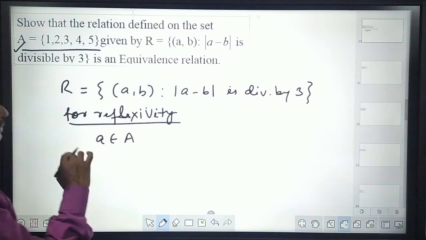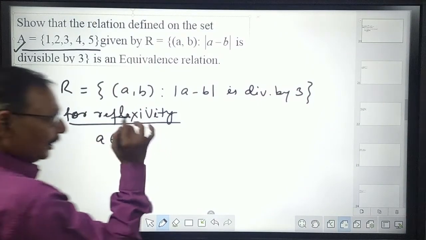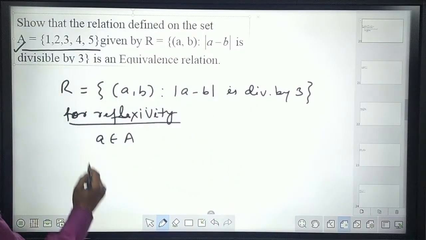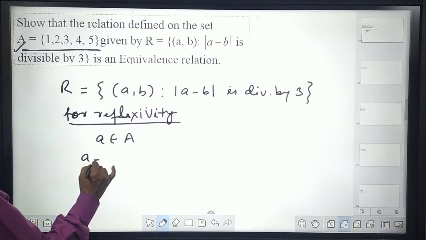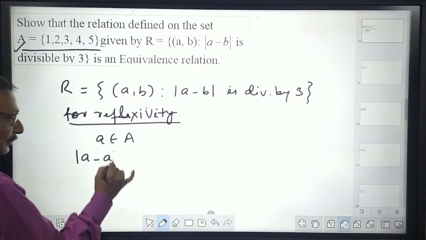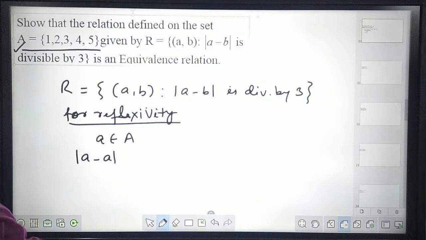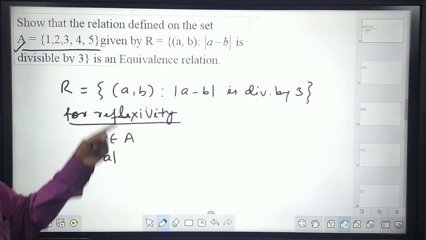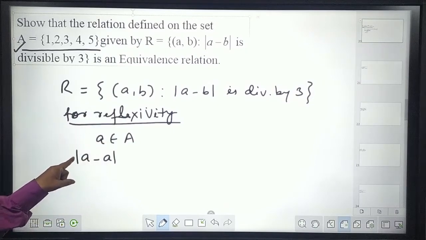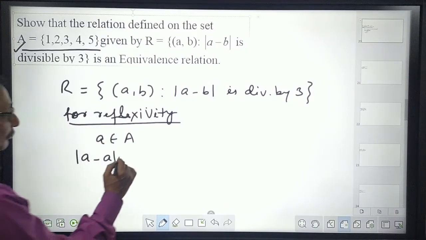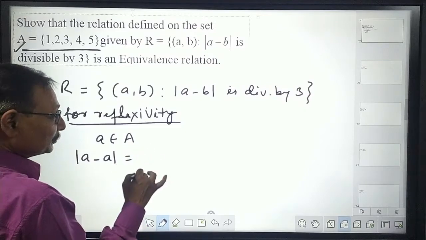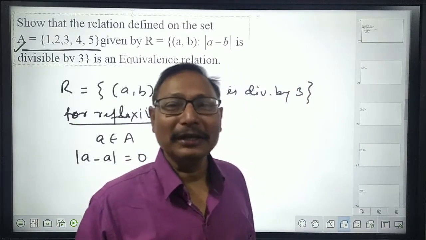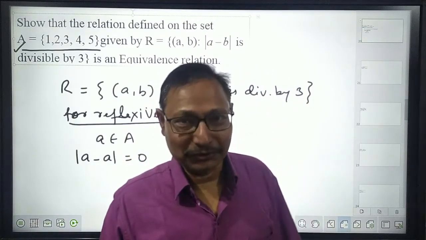So in the process of checking it, we are to keep this particular condition in mind. First of all, think about the situation like this: A minus A modulus, because now we are to take the first element A as well as the second element A. So we got modulus of 0, that is 0, and we know that 0 is divisible by any number except 0.